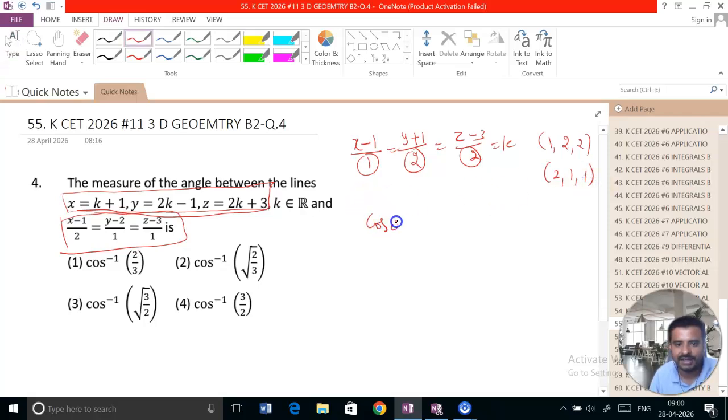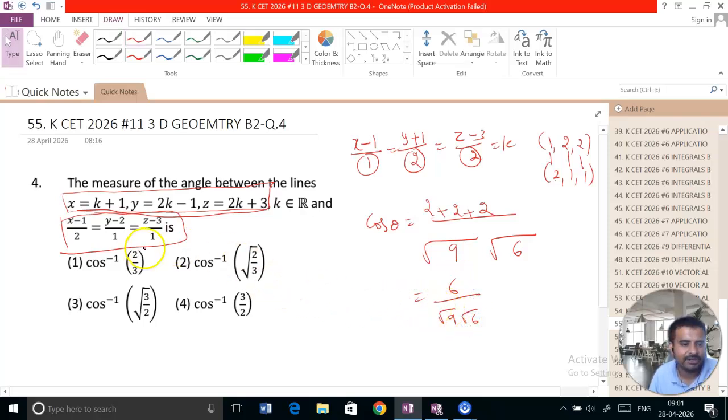As you know, cos theta, a1 a2 is 2, b1 b2 is 2, c1 c2 is also 2, divided by square root of a1 square plus b1 square plus c1 square, it will give us 9, and a2 square plus b2 square plus c2 square, it will give 6. So it becomes 6 by root 9 into root 6, but this is not in your options.